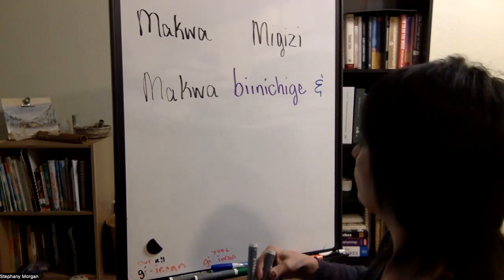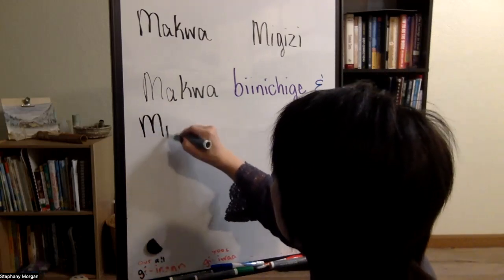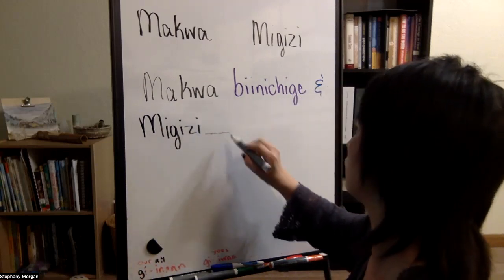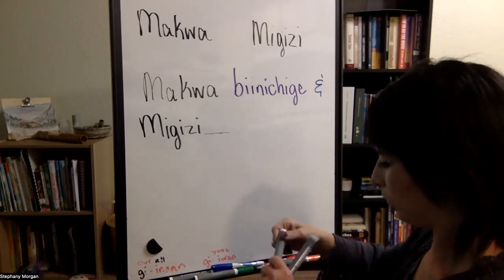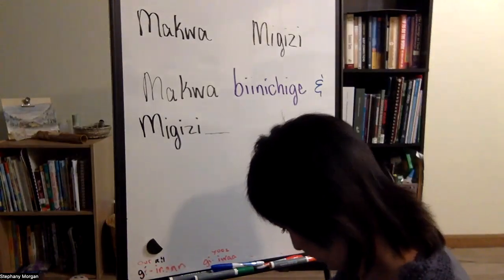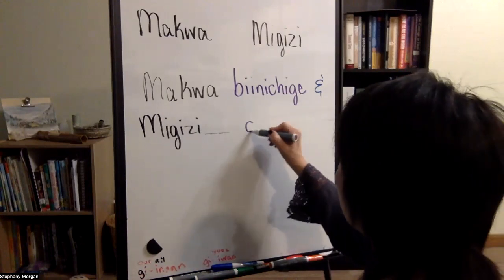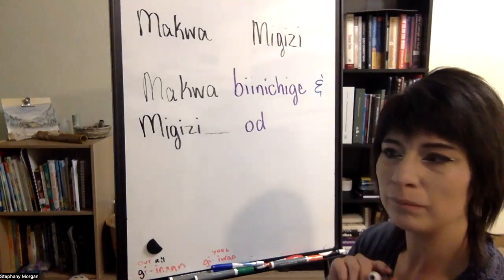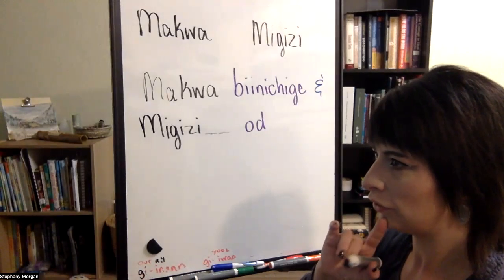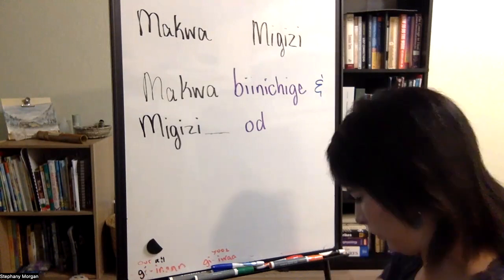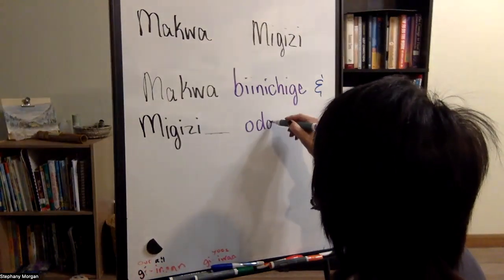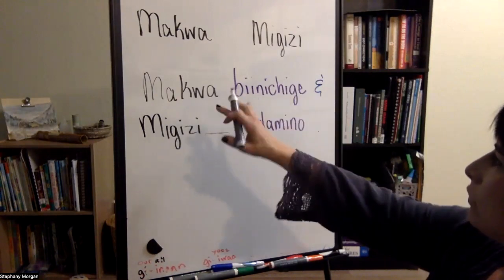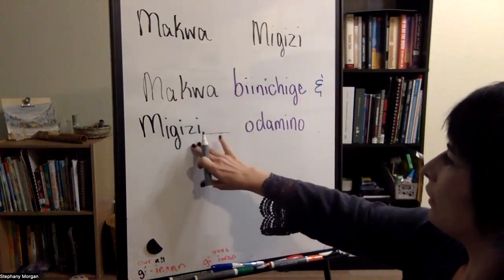We'll have Migizi. Odominо. Well, in my earlier example, I used the wrong ending. A Dawe one is what I was supposed to say. Oh. So right now we have a full sentence, Makwa binichige, minawa, megizi, odomino.